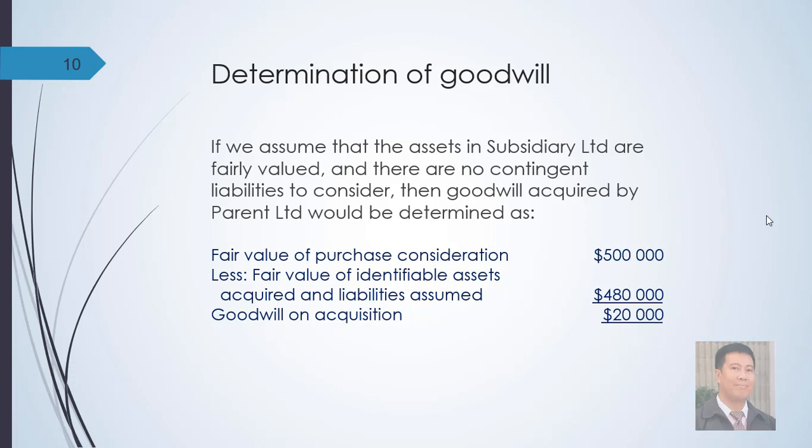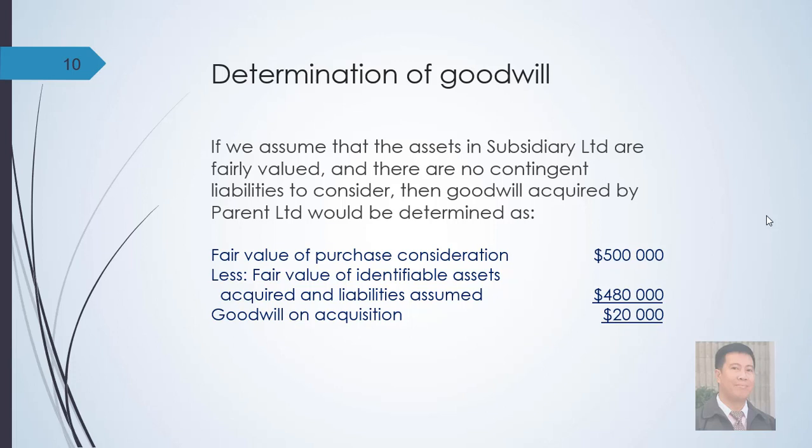This is the amount that we paid during the acquisition date, less the fair value of identifiable net assets. If you can recall our discussion in intangibles, we had covered this. The difference is that when we discussed goodwill under intangibles, we were talking about assets and liabilities.